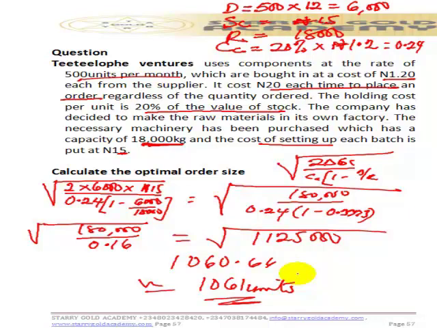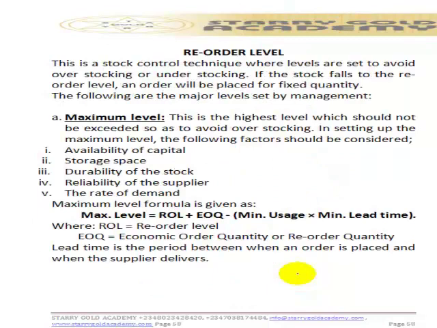Then we can move to the next aspect of inventory control, which is reorder level. So that is the second aspect of inventory control. The reorder level is the stock control technique where levels are set to avoid overstocking or understocking.